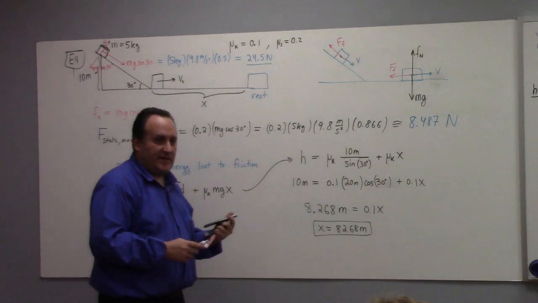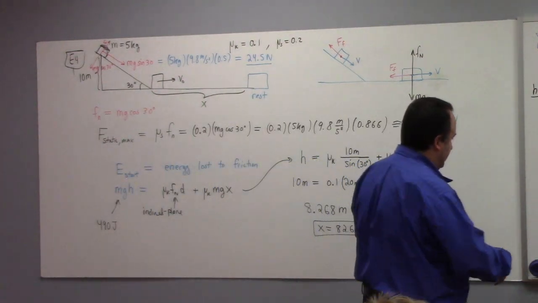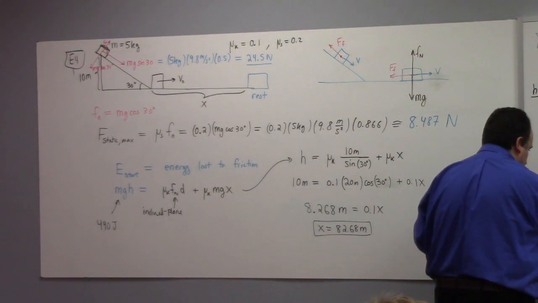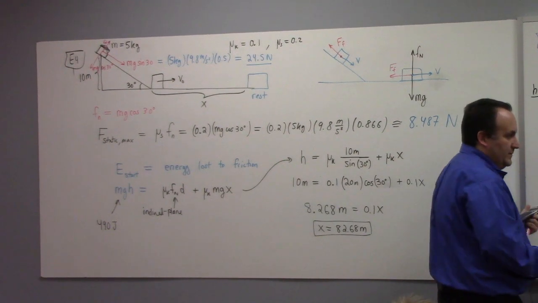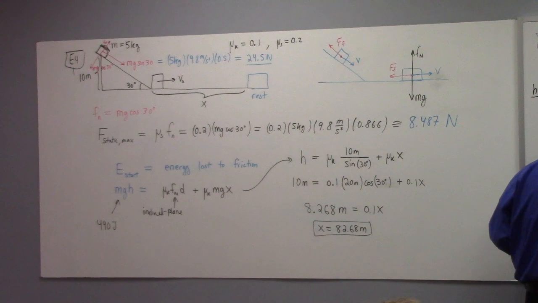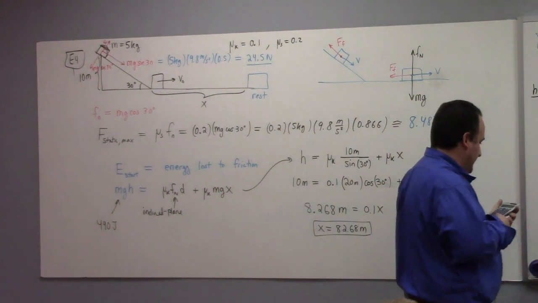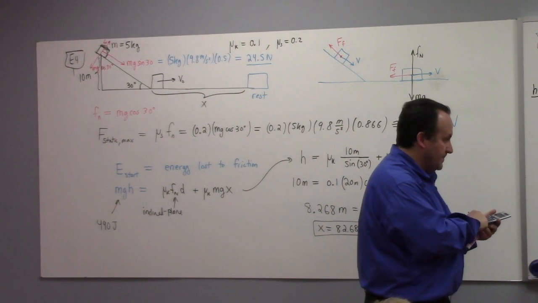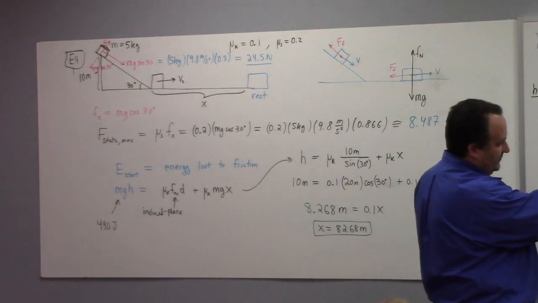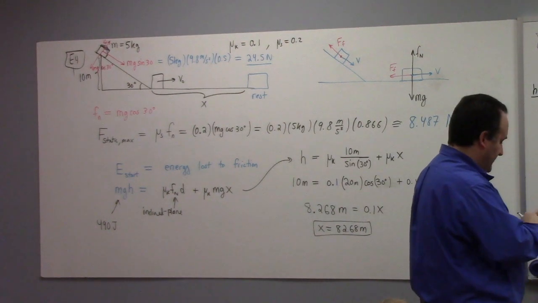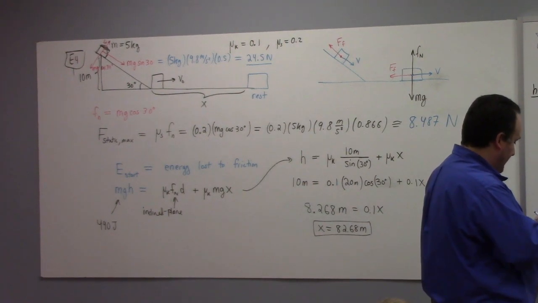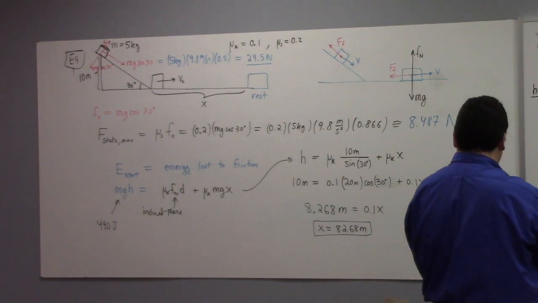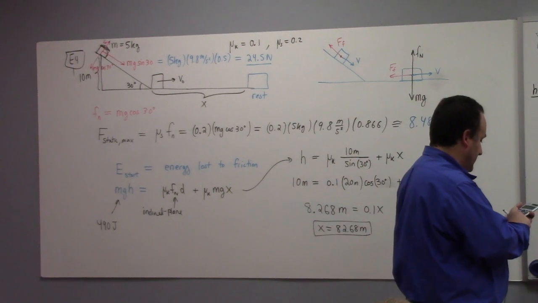How much energy does it have after it reaches right here? Well, it's easier to calculate over here, right? Because we already have those numbers. So I guess I could do the 1/2 mv squared, right? So 12.73, square that thing, times the mass, which was 5, divide by 2.